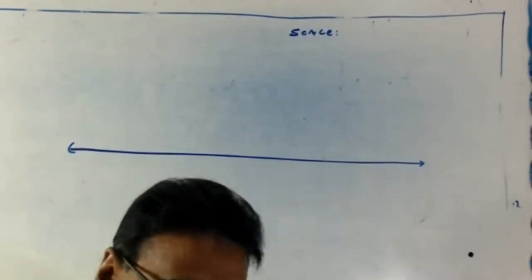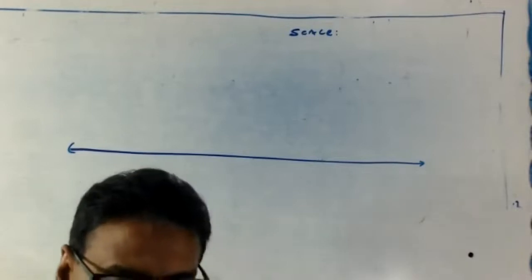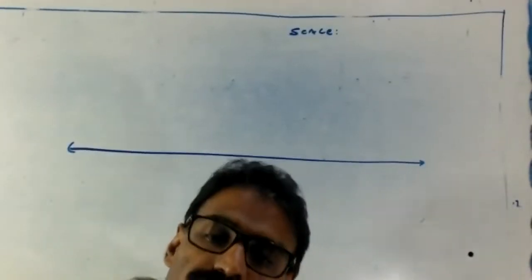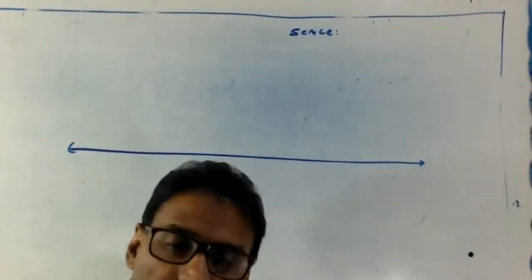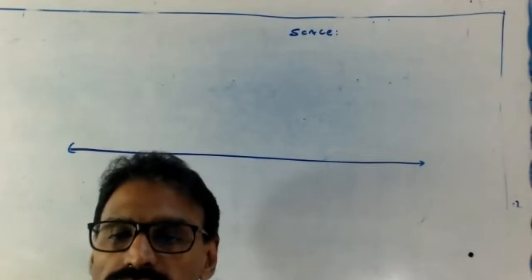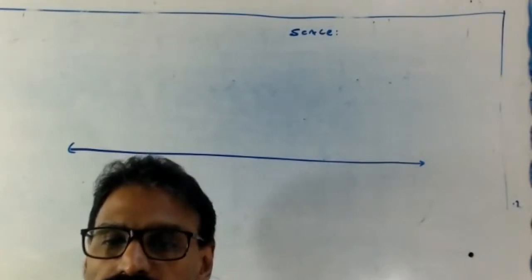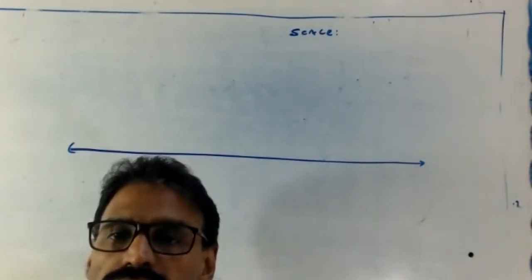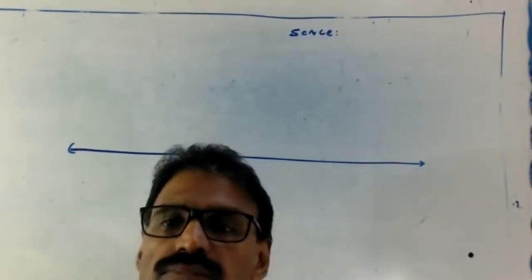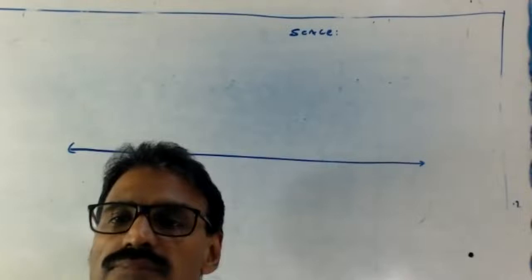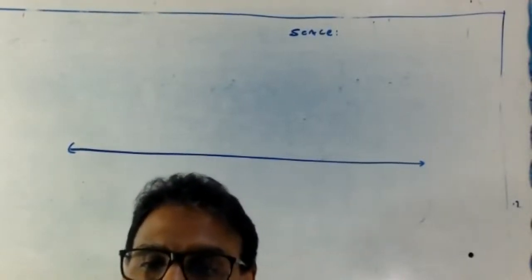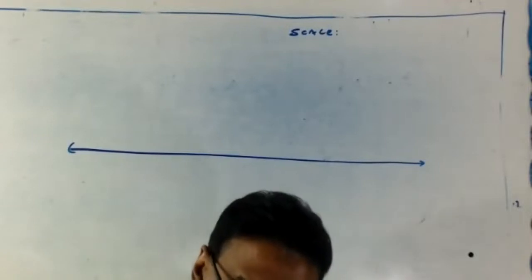Those who are taking 2 centimeter, 1 unit equals 2 centimeter. Okay. Why are you writing scale? Any idea? Your school finished this one? No. Okay, listen here.